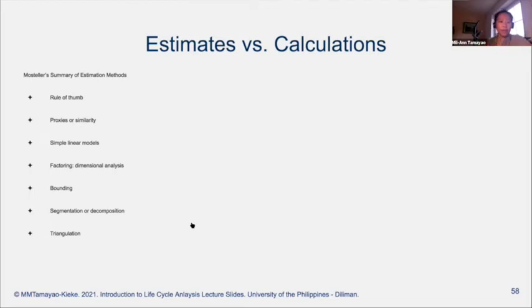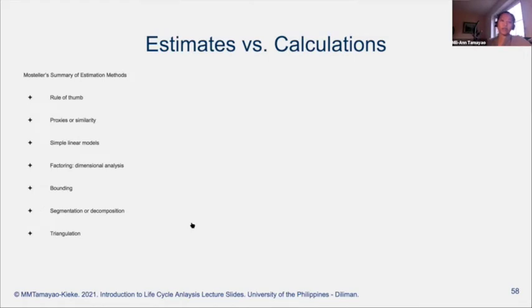Okay. Simple linear models, okay? And then you have factoring or dimensional analysis. You have bounding, so basically estimating kung ano yung bounds ng data, ng values na pwede yung gamitin.